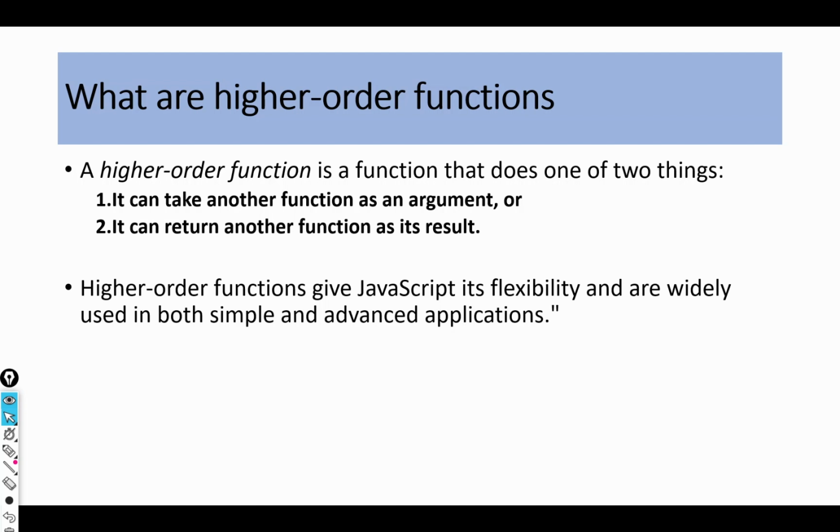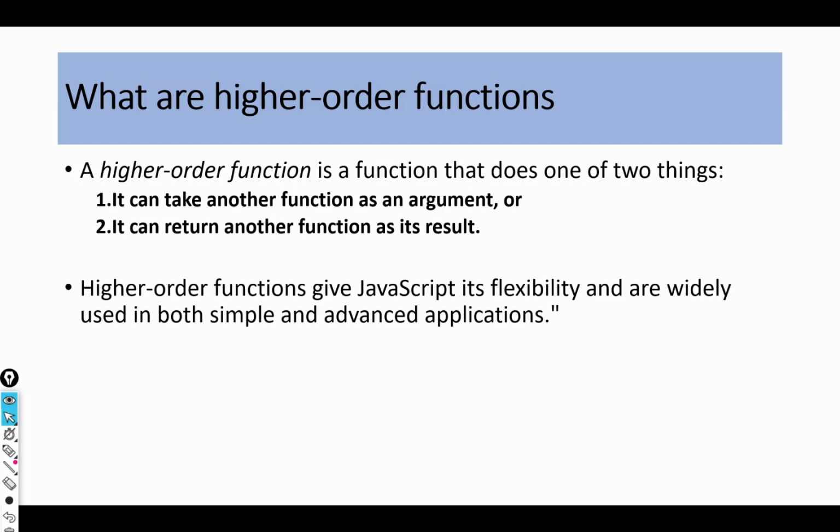Now here the chef is like a higher order function. Your instruction, which is the recipe or cooking style, acts as a function. The chef takes your instruction and prepares your meal accordingly, right? Similarly, in JavaScript, higher order functions take other functions as instructions or return functions that you can use later.